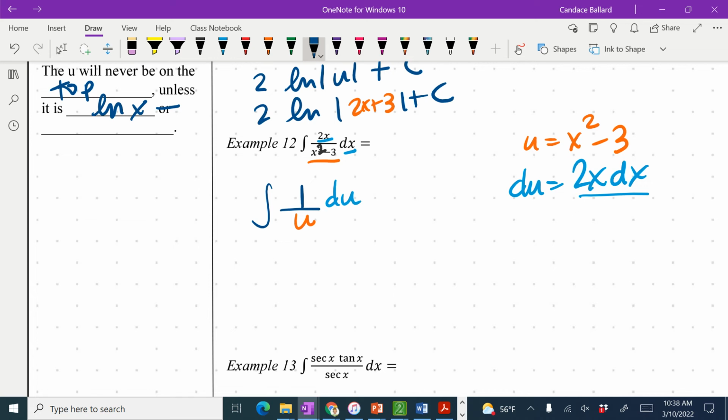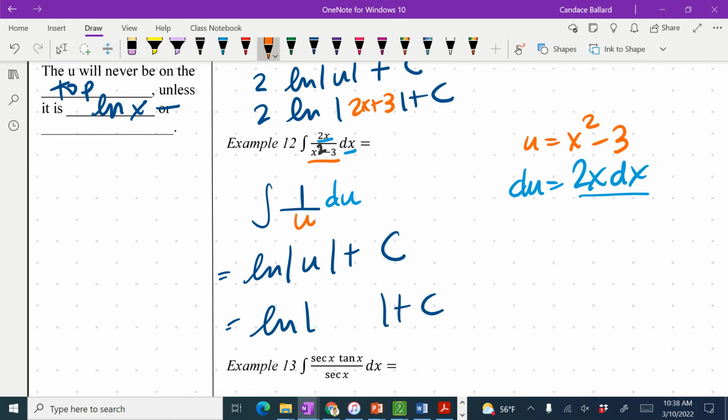When you integrate 1 over u, what do we get? Good, plus c. And then natural log absolute value of x squared minus 3.